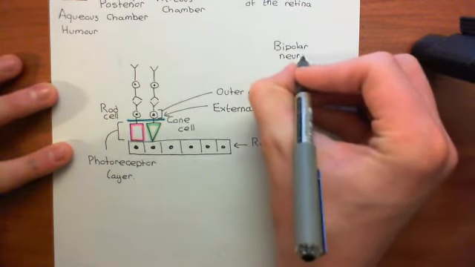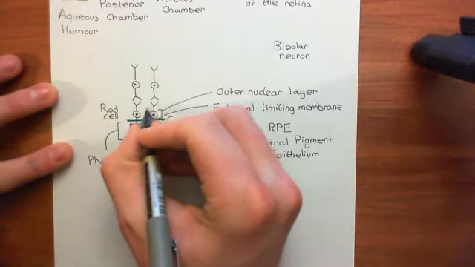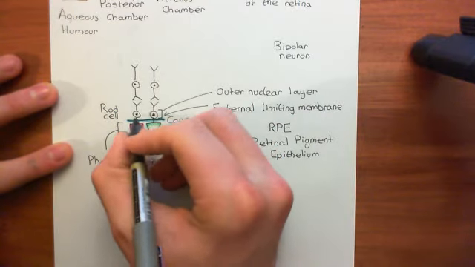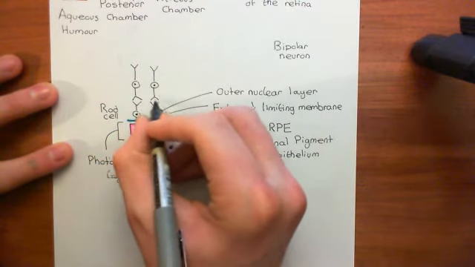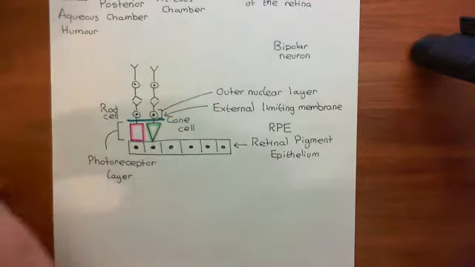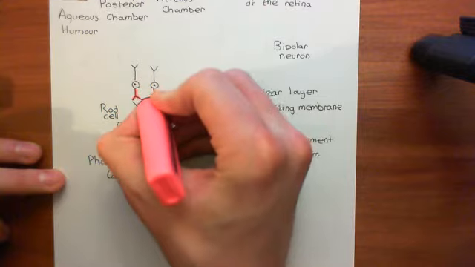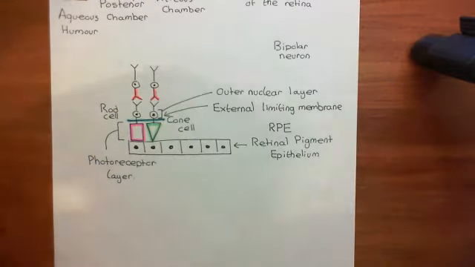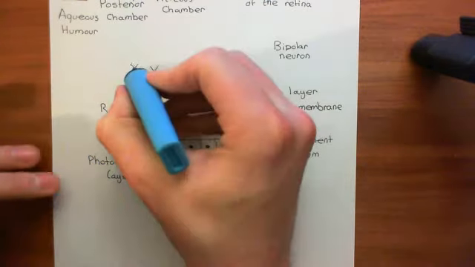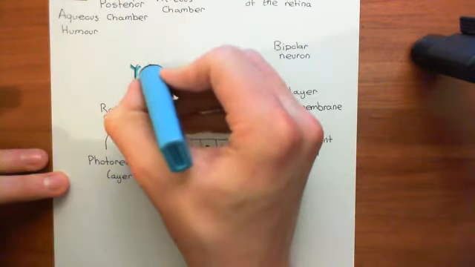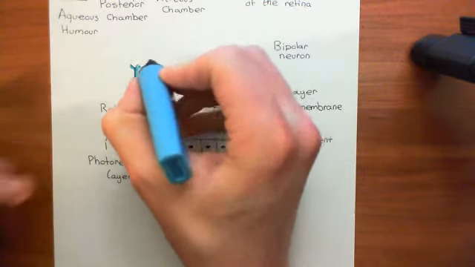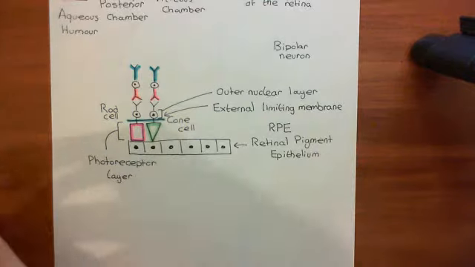One which is going to synapse with the axon of the photoreceptors, so of the rod cells and the cone cells. Okay, so this one here is synapsing with the axons of the rod cells and the cone cells. Okay, these two here. And then they have another process which is then going to transfer the electrical signal onto the next neuron along, which will be the ganglion cells.